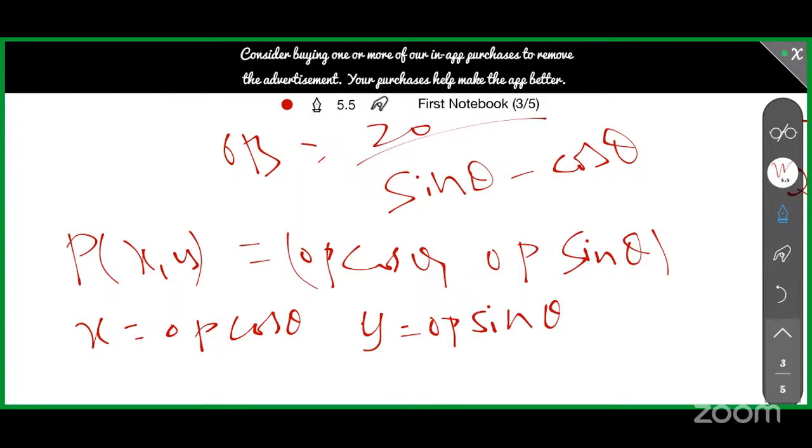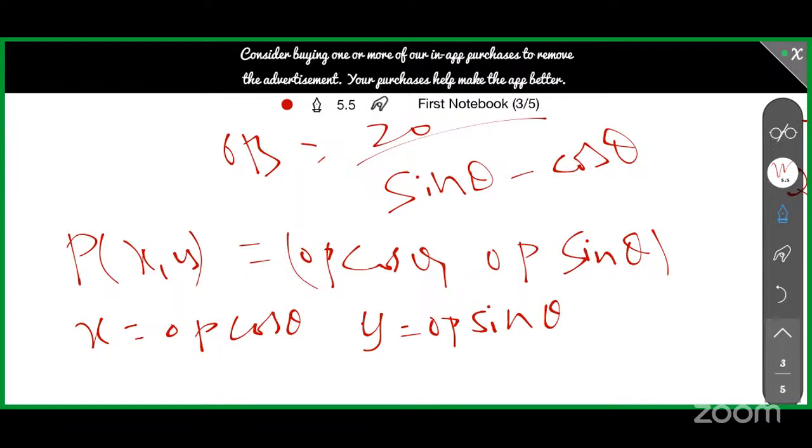Now I have the values of OP, OA, OB. Now listen carefully. What they are telling is that OA, OP, and OB are in HP.